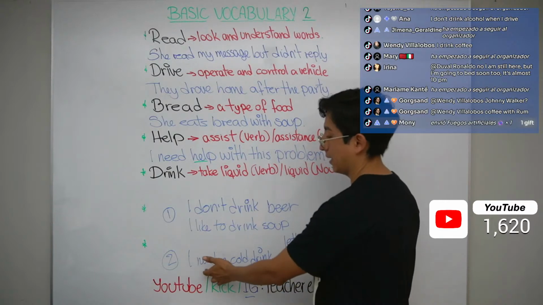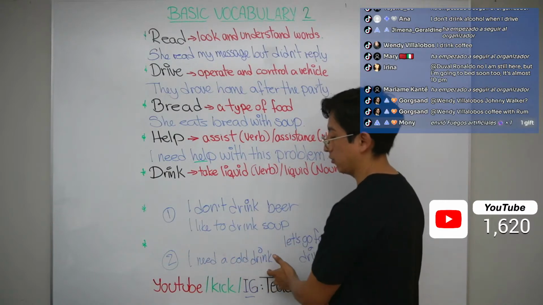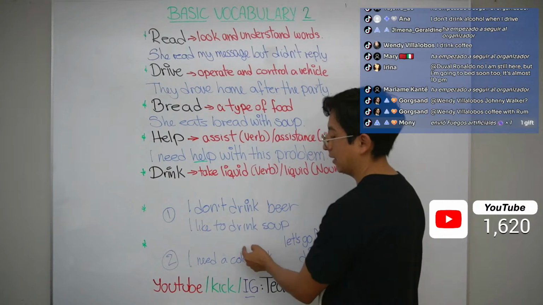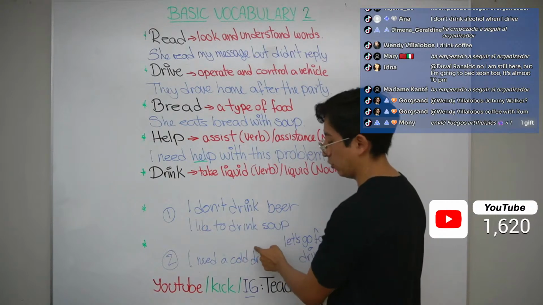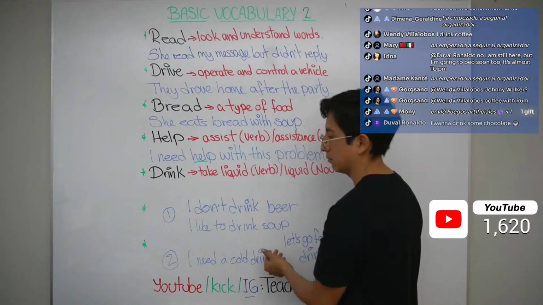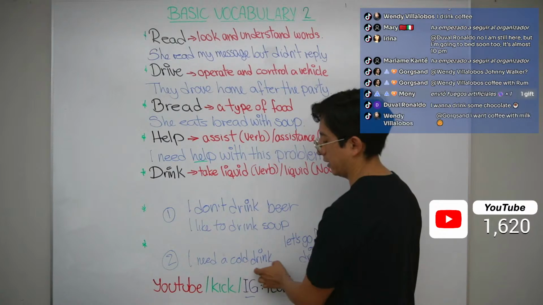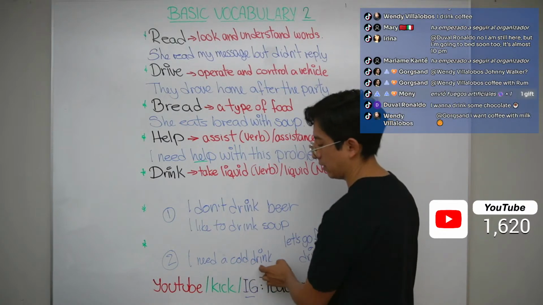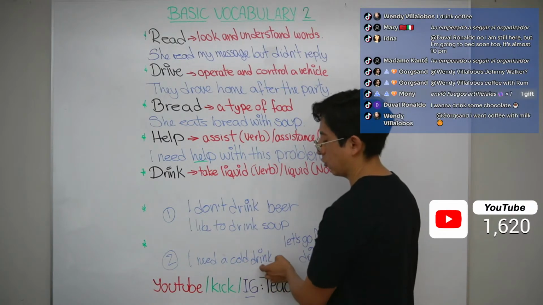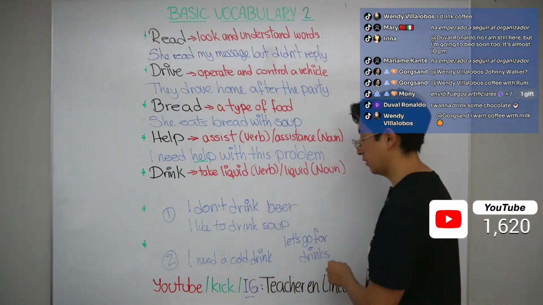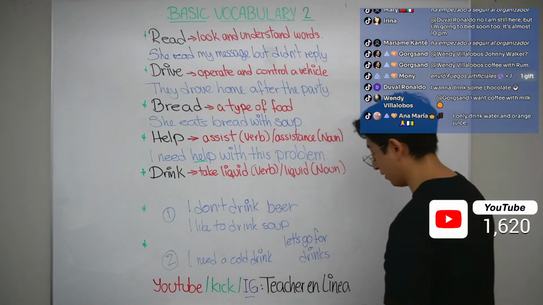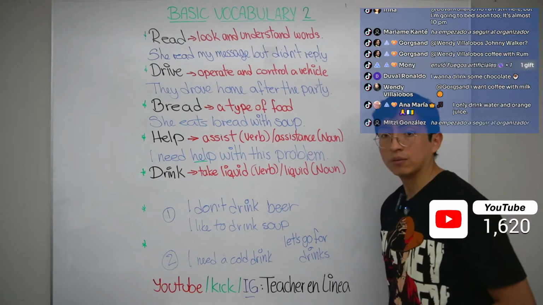Siguiente. I need a drink, a cold drink. Necesito una bebida helada. Puede ser gaseosa, puede ser té helado, puede ser algo, agua helada también. Cold drink, ¿ok? Aquí no necesariamente significa alcohol. Ahora, si tú dices, let's go for drinks, esto sí implica alcohol, ¿ok?